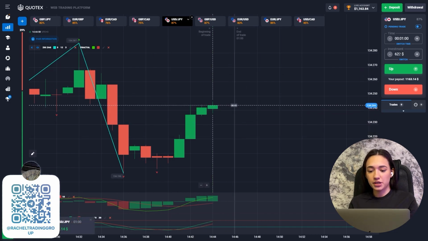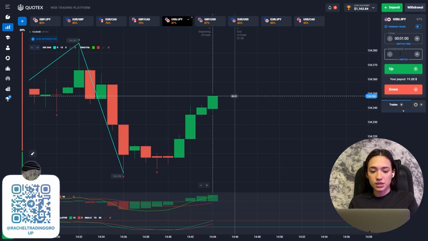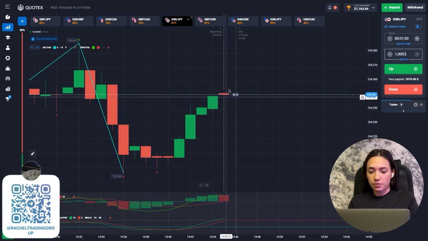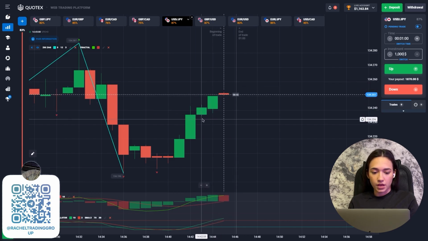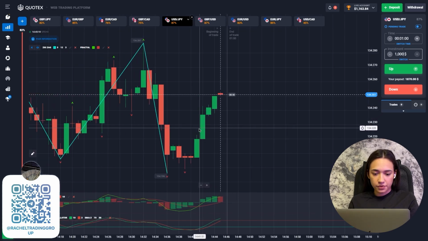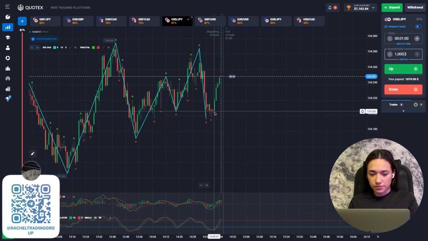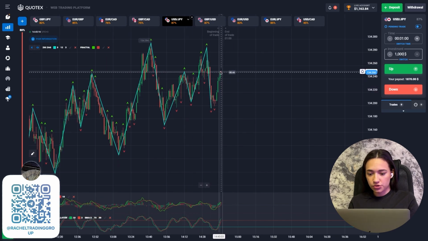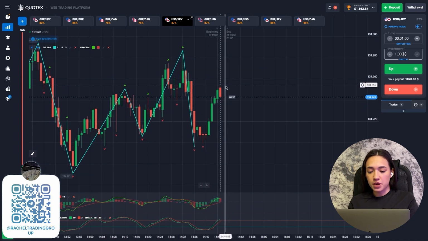Let's change the trade value, and as we see, the candle went up and the signal was pretty cool, and the price is still going up. It might be a reversal here soon, because the price touched the resistance area for that price corridor, and as I said, a price pullback must be formed.